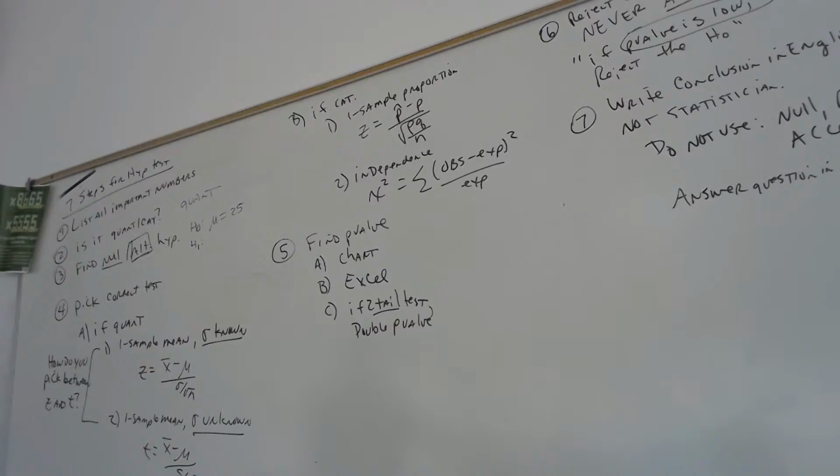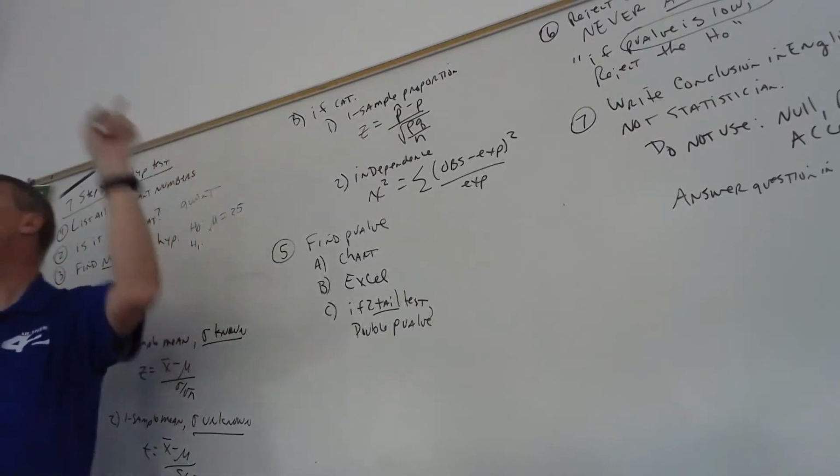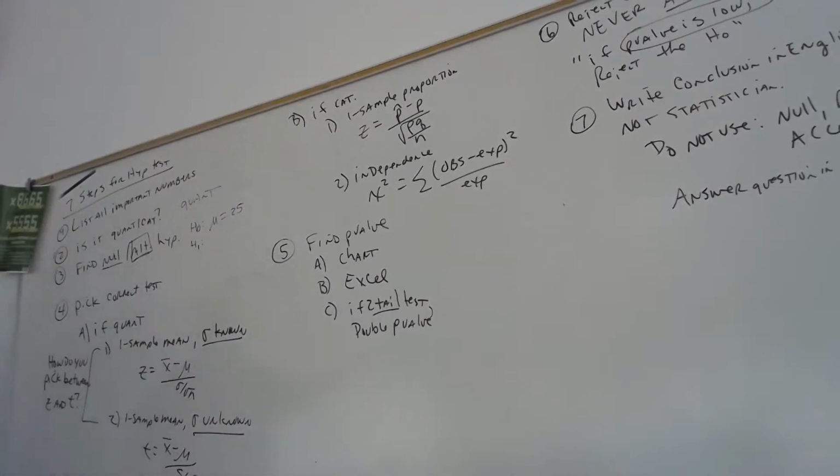But that's a sample. 29 is the sample. 25 is the population, at least that's what the population's supposed to be doing. Remember, the null is always about the population, and 25 is the population, 29 is the sample. So mu equals 25 is correct.